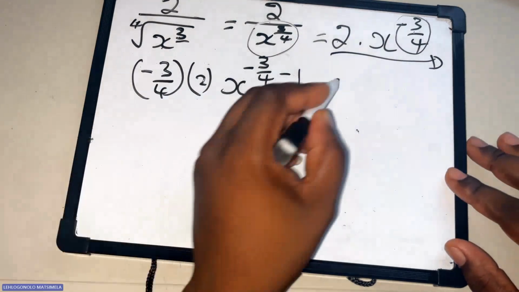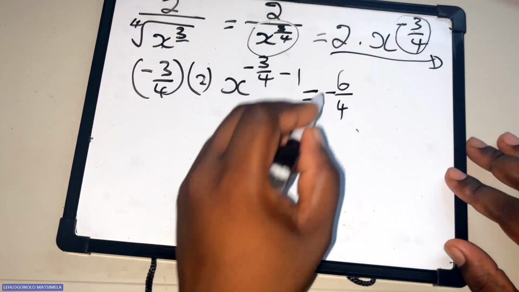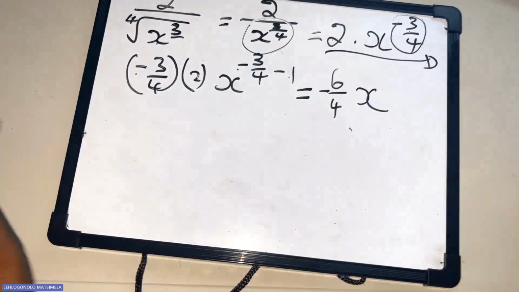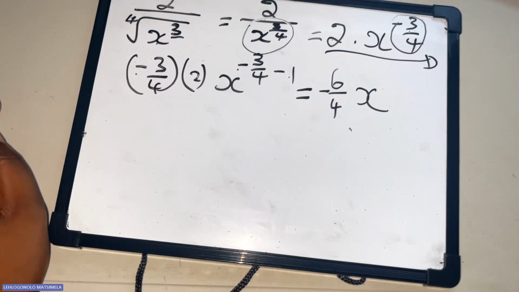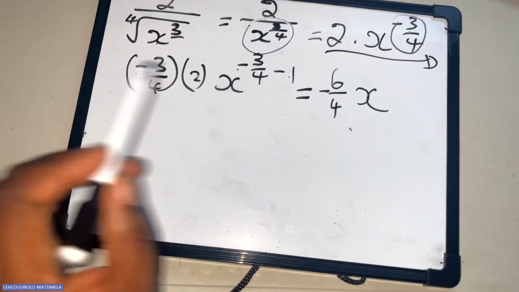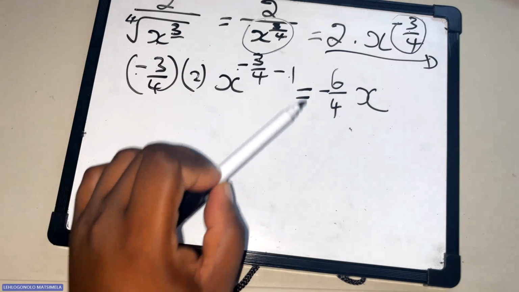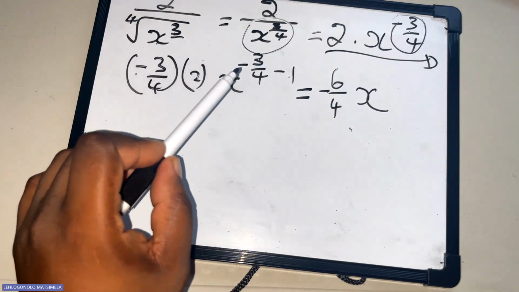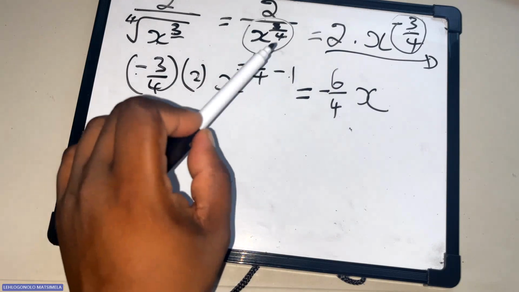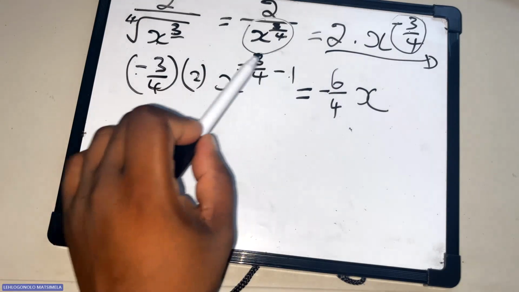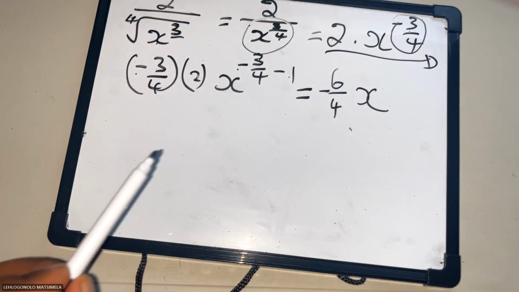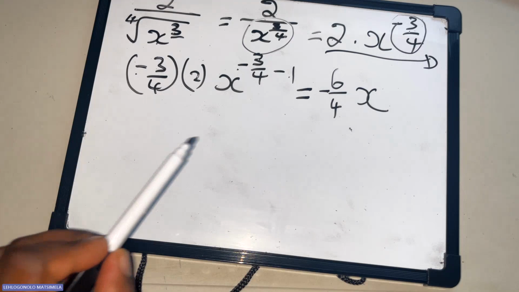Then this one times this one, 6 over 4, and it's negative there, and then it's going to be x to the minus something. With a calculator, I will have negative 3 minus 4.